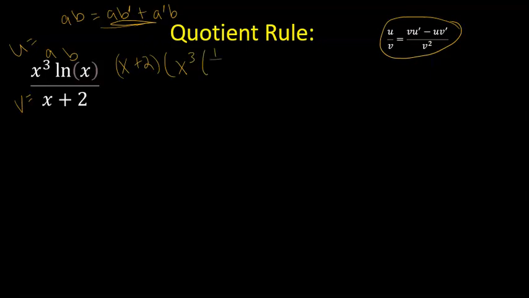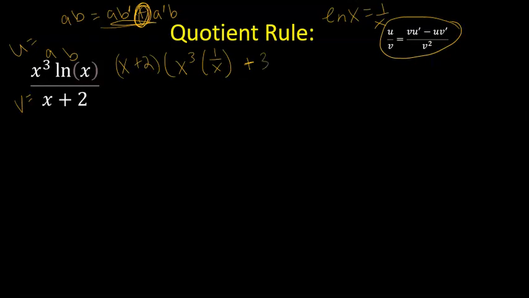The derivative of ln x, the formula for ln, is going to be 1 over x, right? When you're doing the denominator the other way around, if it was 1 over x, it's going to be a different thing. It's going to be a negative, you're going to put it in the front, and then we're going to turn it into a fraction. So it's a little bit different when you swap it. But for this one, it's going to be 1 over x. Plus, right? Because we're right over here now.